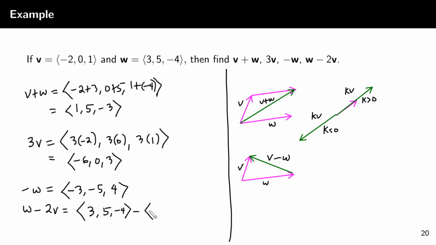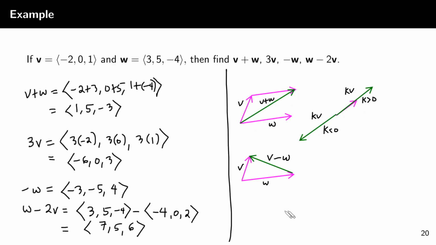So that's negative 4, 0, and 2. And then, saka natin i-subtract. So 3 minus negative 4 is 7. 5 minus 0 is 5. And negative 4 minus 2 is 6. So the components of W minus 2V are 7, 5, and 6.